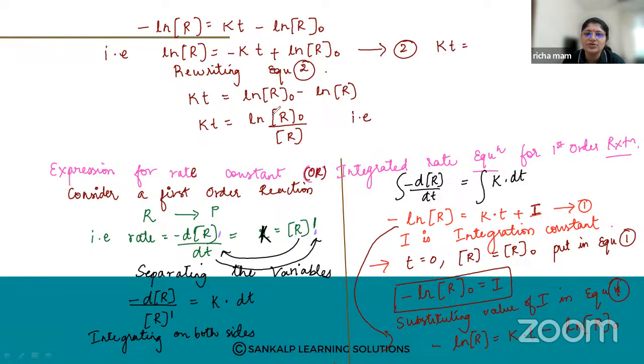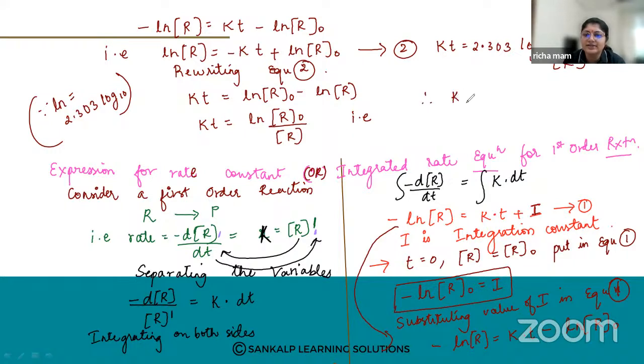kt is equal to, so the value of ln is 2.303 log of r naught by r. What is the value of ln? ln is 2.303 log of 10. So substituting the value of ln here, we get kt is equal to 2.303 log of r naught by r.